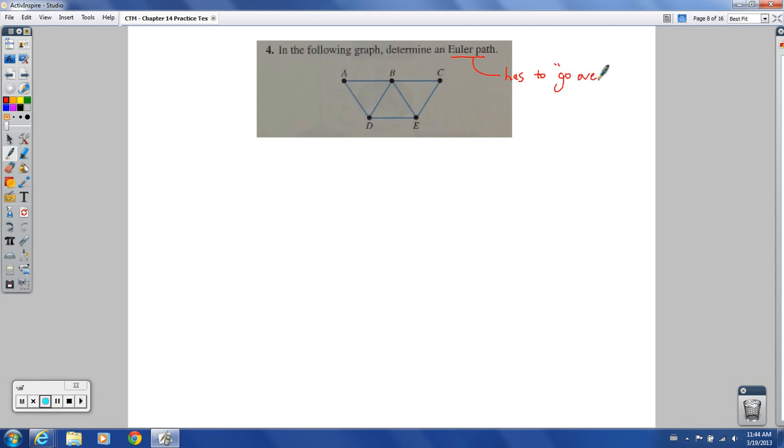Go over is really not a technical phrase, but each edge gets used. I'm going to use my highlighter for this and see what I can come up with. An Euler path doesn't have to start and end at the same vertex. That would be an Euler circuit, but I do have to go over each edge if this is going to be a possibility.